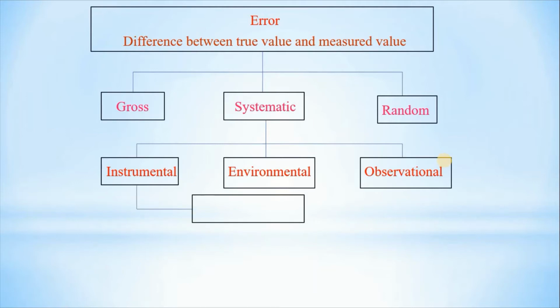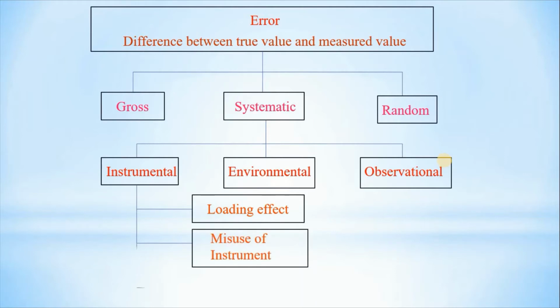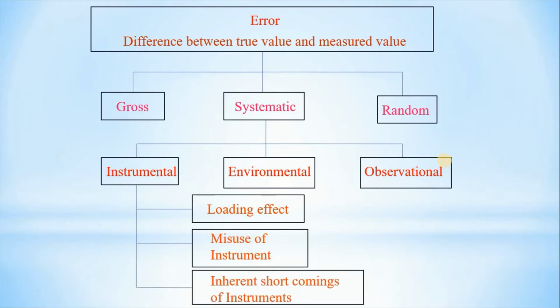And these instrumental errors are again classified into subtypes like loading effects, the error we get due to the loading of an instrument, then misuse of the instrument, and inherent shortcomings of the instrument. Due to those, these types of errors take place.